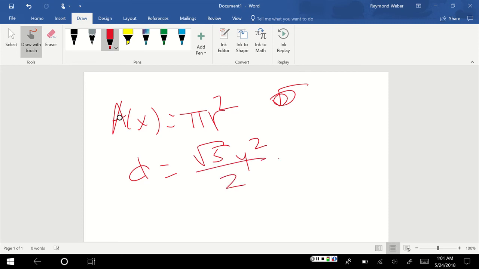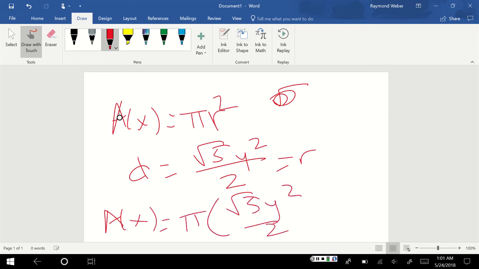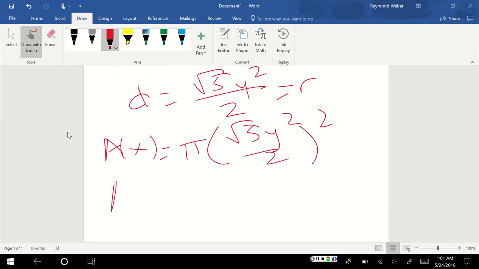So A of x is pi times 5y squared over 2, squared. Then I can simplify this down to pi times 5/4 y to the 4th.